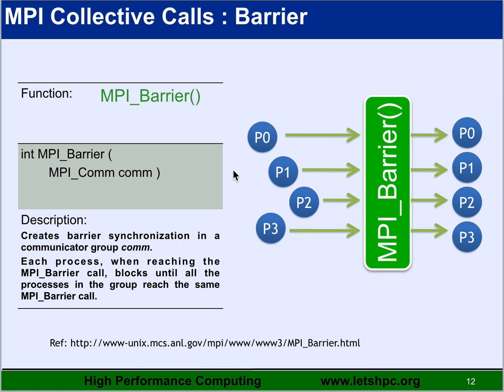In this communicator you have four processes. Each process reaching this MPI barrier call gets blocked until all the processes in that particular group reach the same barrier call. So we can see how we can use MPI barrier to achieve synchronization.